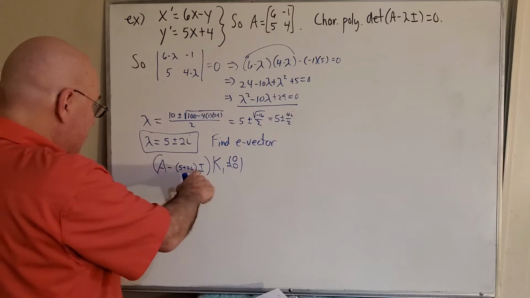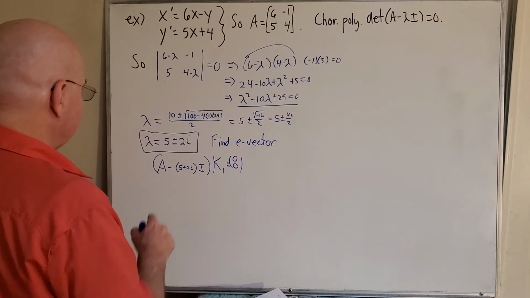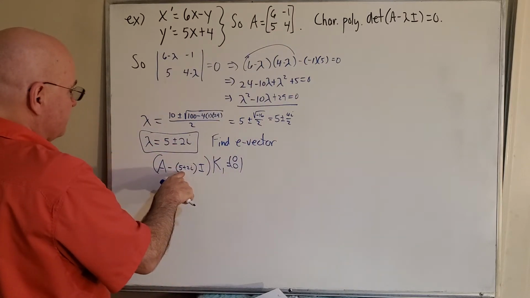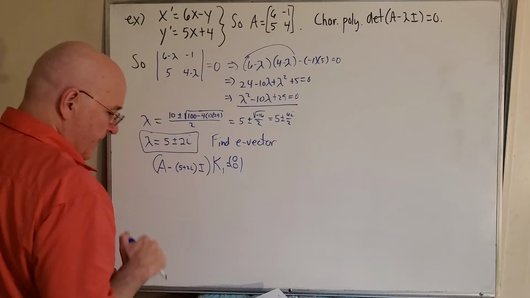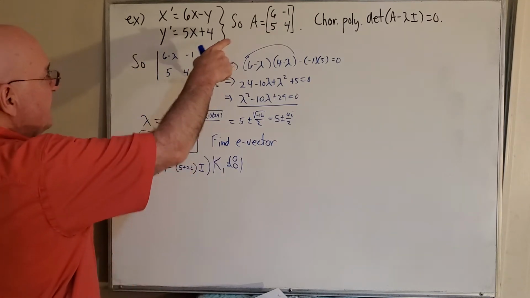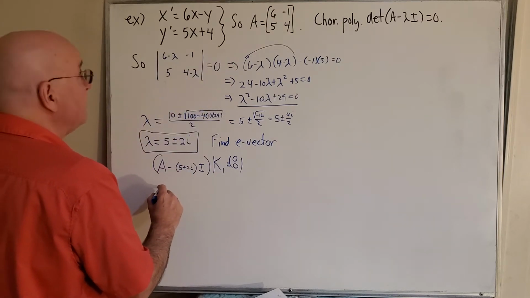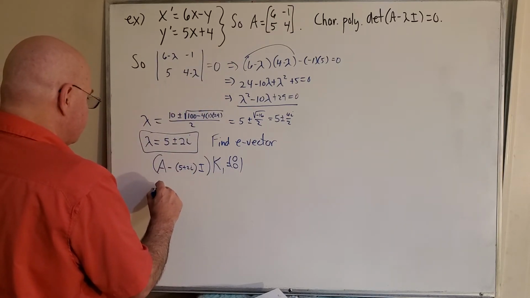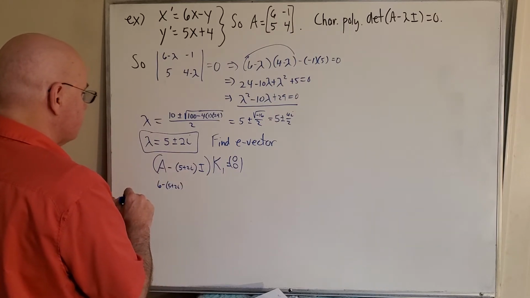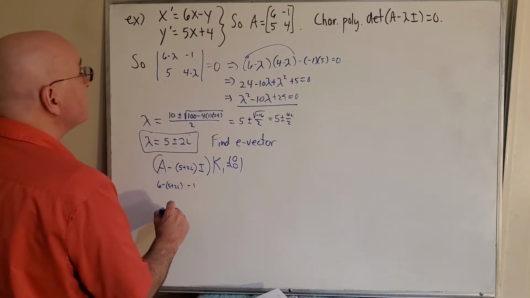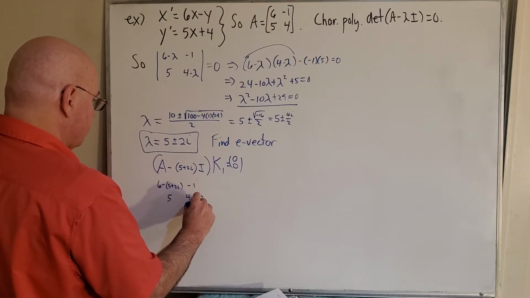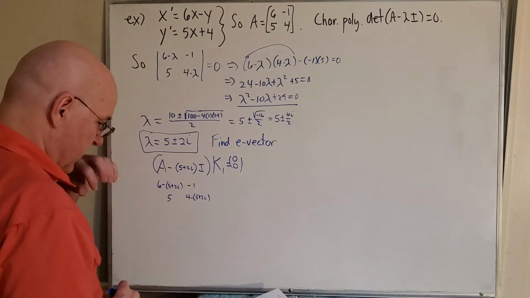So now, what is this matrix? This is A. So from the diagonal, we're going to subtract 5 plus 2i. So here's A. So that matrix is going to be 6 minus 5 plus 2i, and then a negative 1, and a 5, and 4 minus 5 plus 2i.